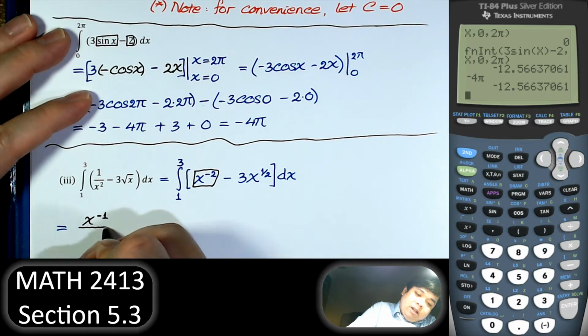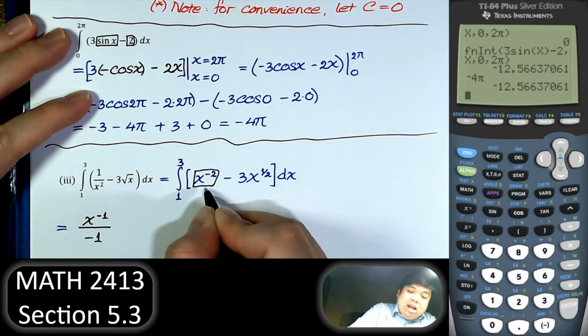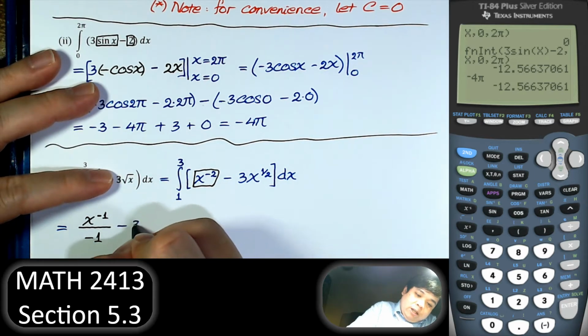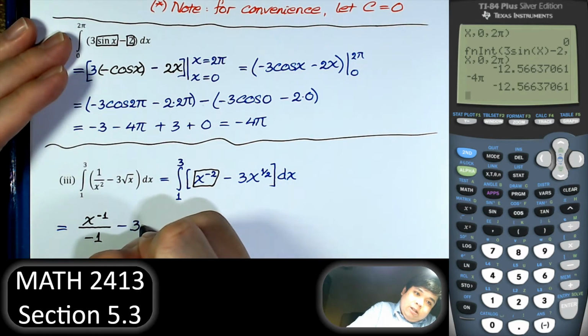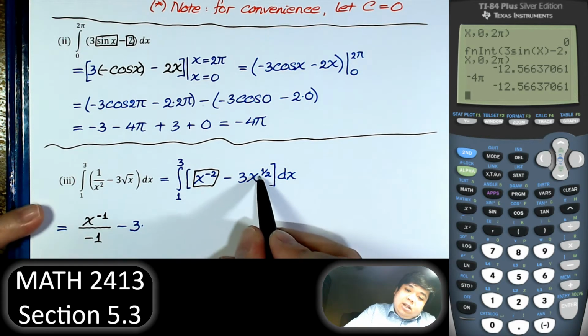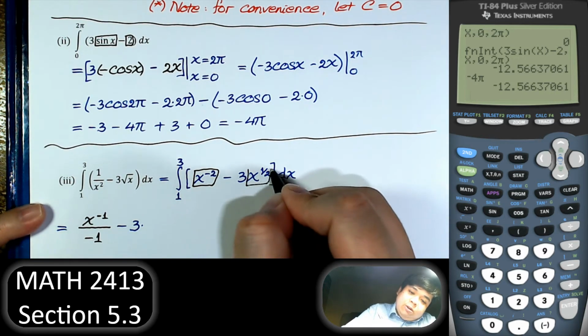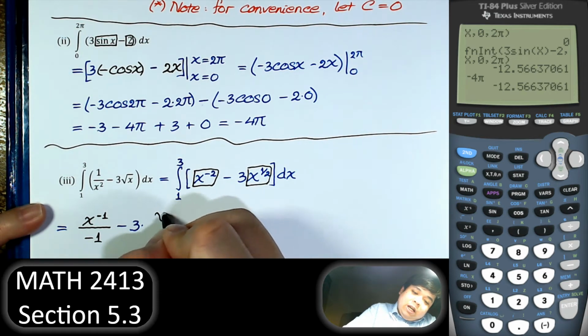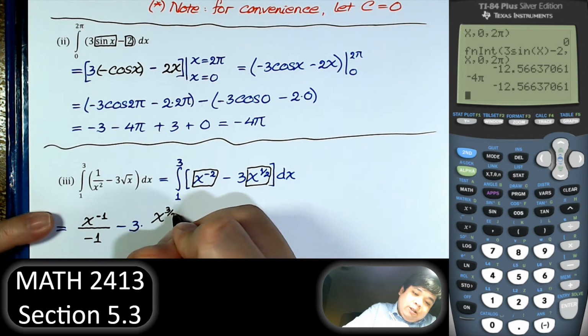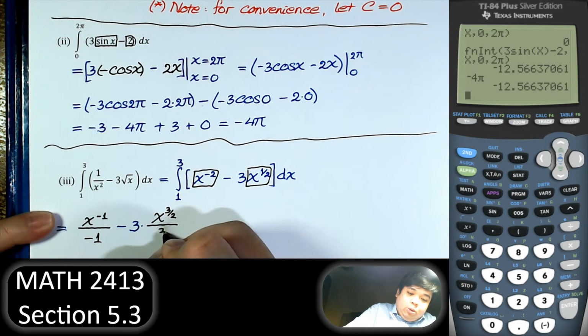Divide by the same thing as a power. So that is the integral of x to negative 2. Minus 3 times the integral of x to the 1/2. The power rule is increase the power by 1, 1/2 plus 1 is 3/2, over 3/2.